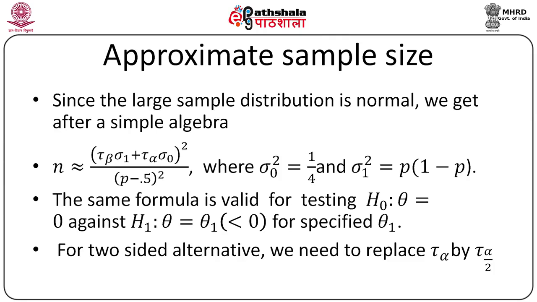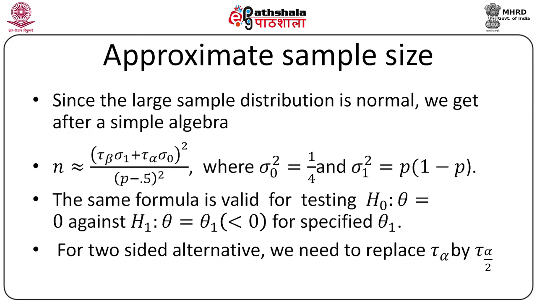Then a simple algebra gives the approximate sample size formula as given in the slide, where sigma naught square is nothing but 1 by 4 and sigma 1 square is nothing but p into 1 minus p. The same formula is valid for testing theta equal to 0 against theta equal to theta 1, where theta 1 is negative and is specified.